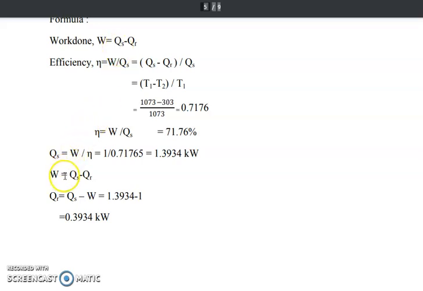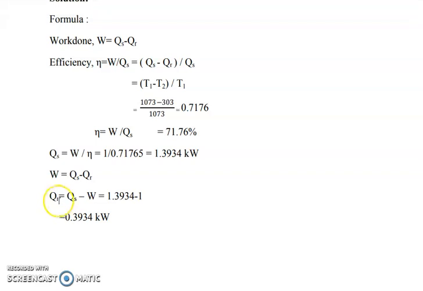Work done equals heat supplied minus heat rejected, so heat rejected equals heat supplied minus work done. Now substitute the known values: heat supplied is 1.3934 minus work output of 1 kilowatt. So finally, heat rejected is 0.3934 kilowatt.